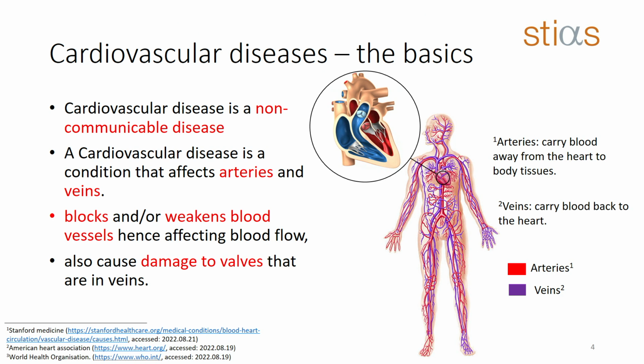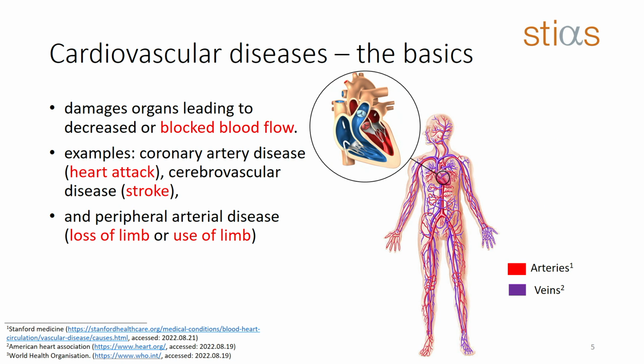Now, arteries will be carrying blood, if they function normally, from the heart to the rest of the body. But then cardiovascular diseases will affect the normal flow of blood in these vessels, and so do veins. Further, these diseases damage organs. In the extreme cases, they actually block blood flow completely.